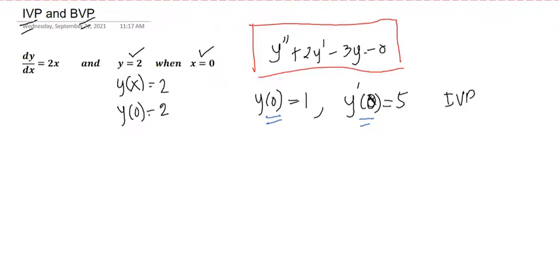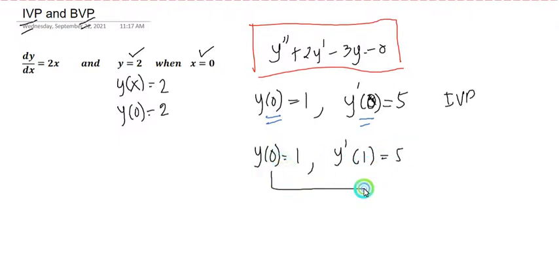That means a boundary is set from one specific value to another specific value. For example, y at x equals 0 is equal to 1, and then the value of x changes to 1, where y is equal to 5. Since the value changes, we have specified a boundary. So this is called a BVP, or boundary value problem.